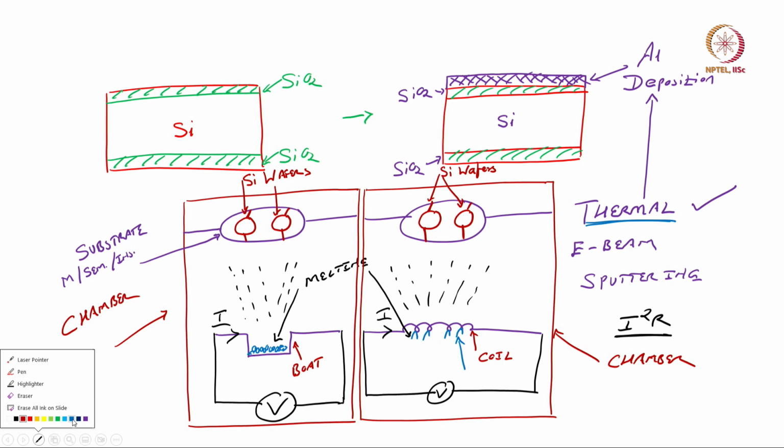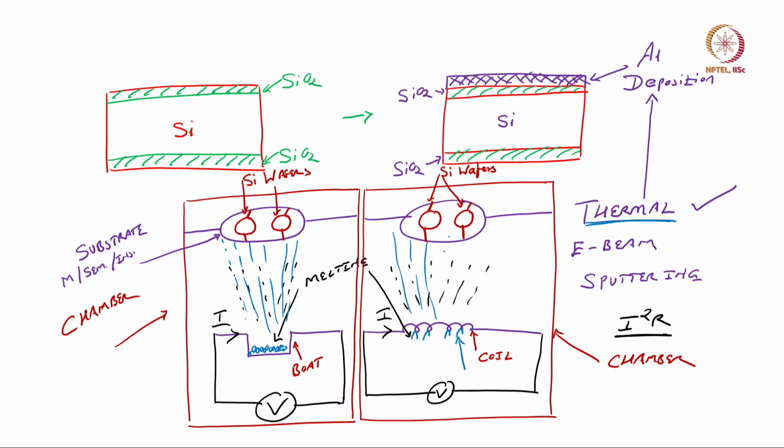Okay. Now, next thing is that I told you that this melted source material will evaporate and will start coating the wafer. It will also coat the walls, both sides, and also other areas of the chamber.